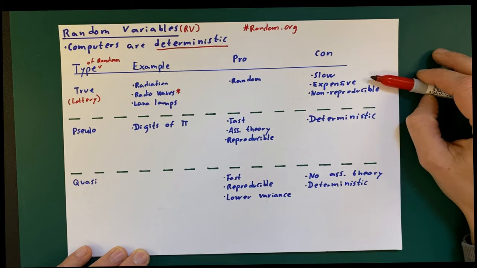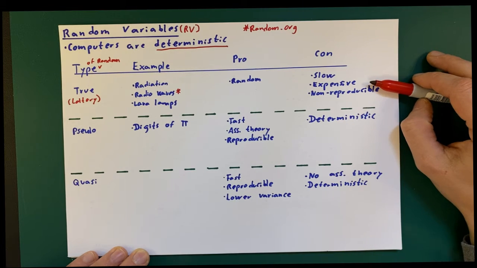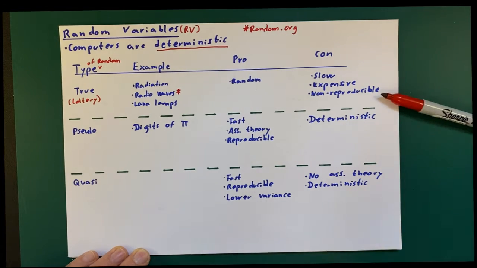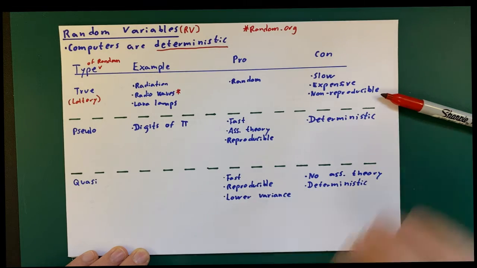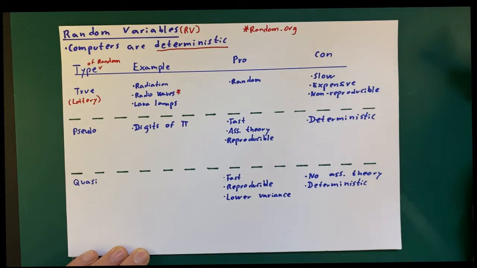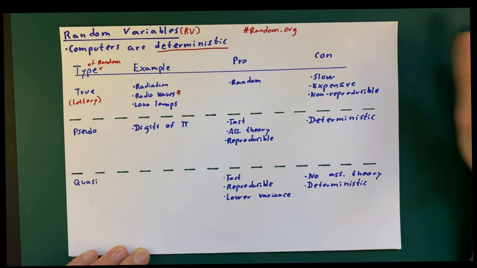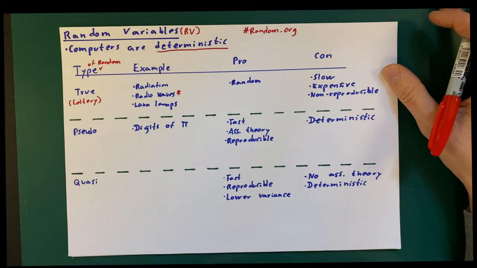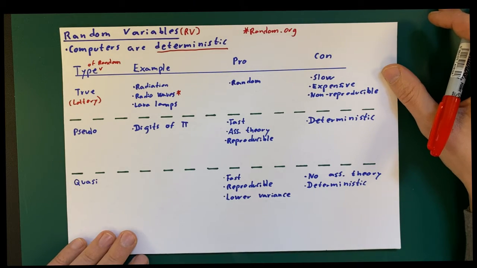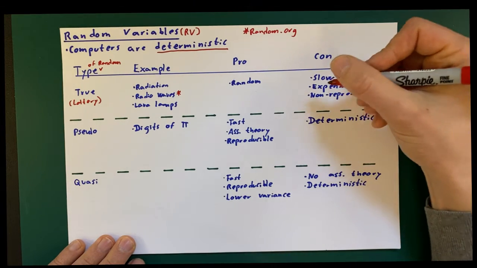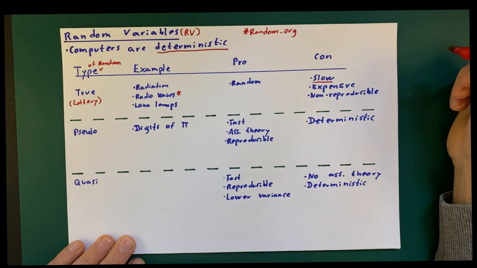It takes a lot of physical equipment to get these numbers, and it's not going to be reproducible. So if you calculate something based on this and then you want to do it again, you're going to get a different number, and that might not always be desirable. For example, if you want someone to be able to replicate the numbers you're getting, right? But really the main drawback is that it's slow.